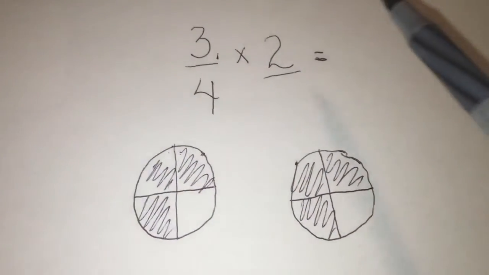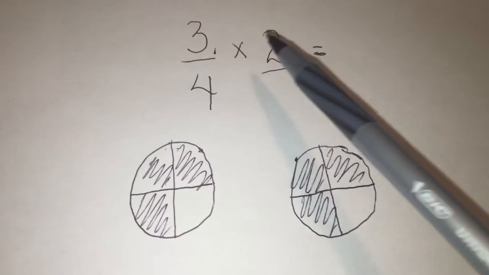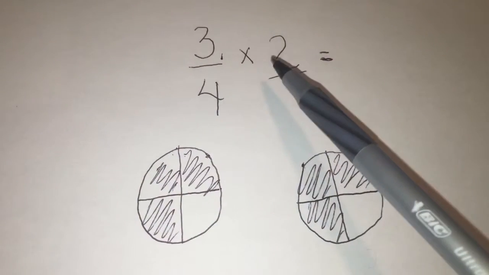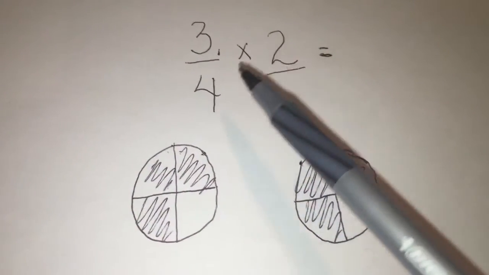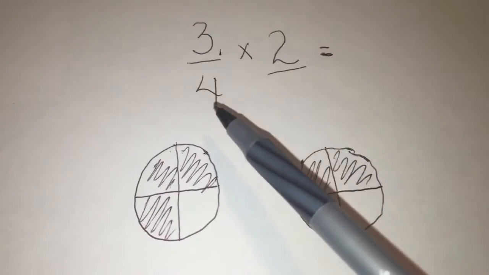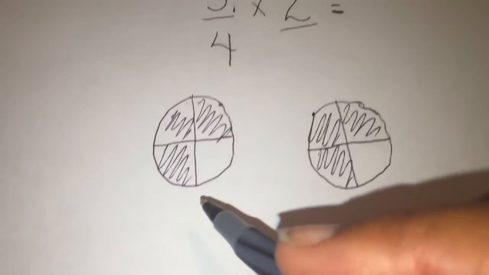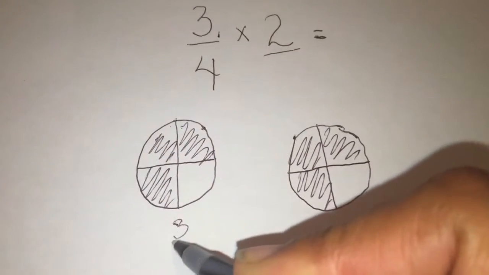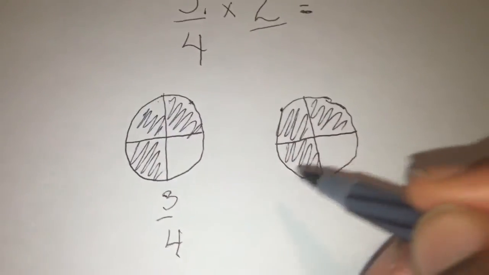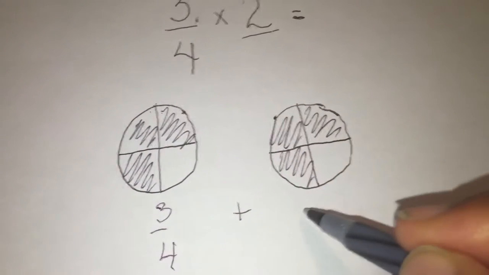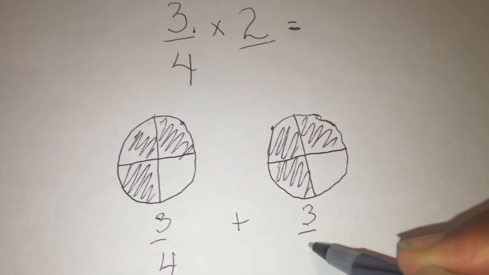Now, when I'm multiplying a fraction by a whole number, I could also think of it as repeated addition of a fraction. So I have 3/4 here plus another 3/4.